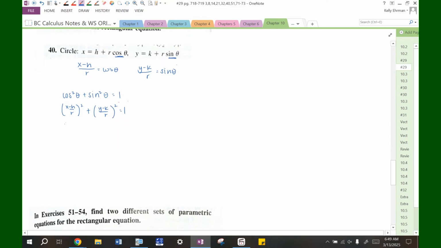And then to separate that out a bit, that would be (x minus h) squared over r squared plus (y minus k) squared over r squared equals 1. Because I have the same denominator here, if I multiply everything by r squared, then I get (x minus h) squared plus (y minus k) squared equals r squared. And that is the equation for a circle with a center (h, k) and a radius length r.